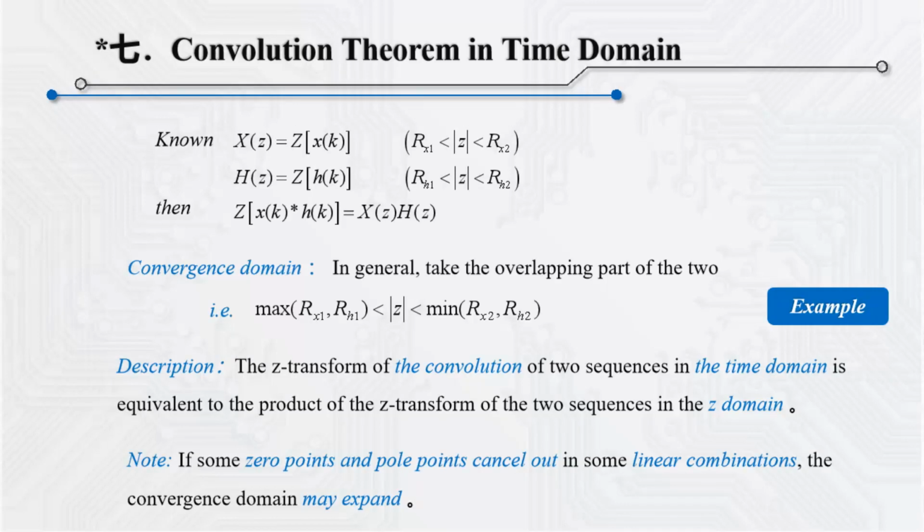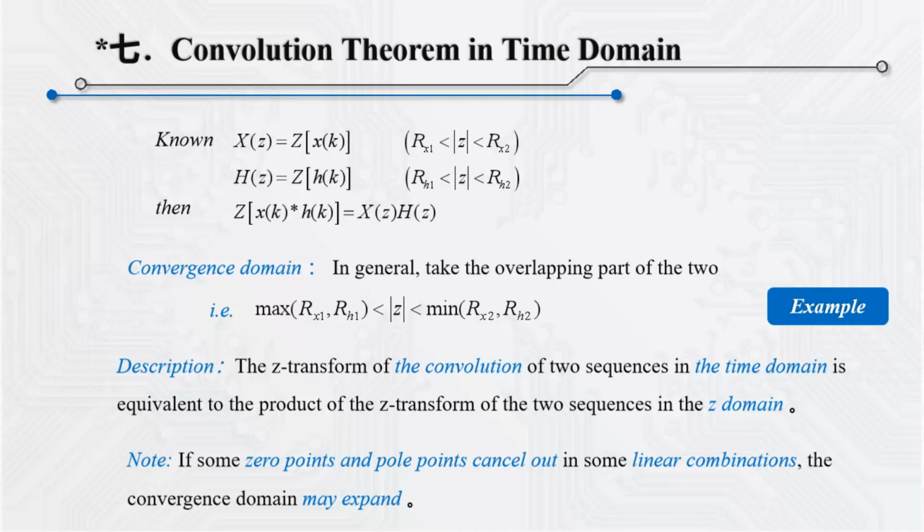Let's take a look at the time domain convolution theorem. It is known that the z transforms of two sequences exist separately. Then we find the convolution of these two sequences in the time domain and its corresponding z transform. What form is it?